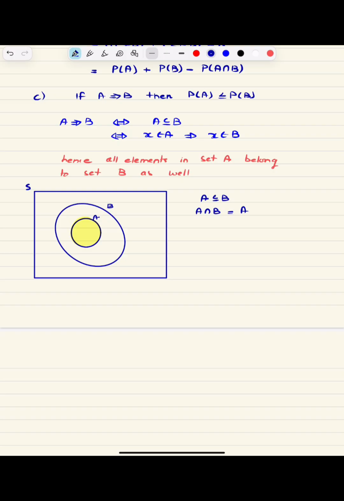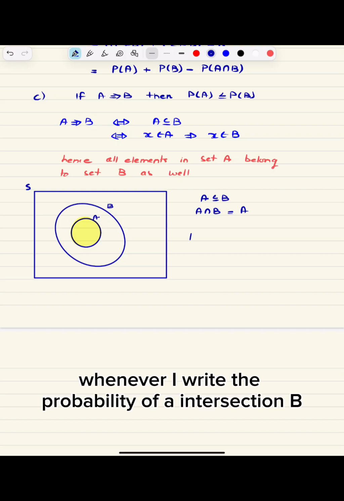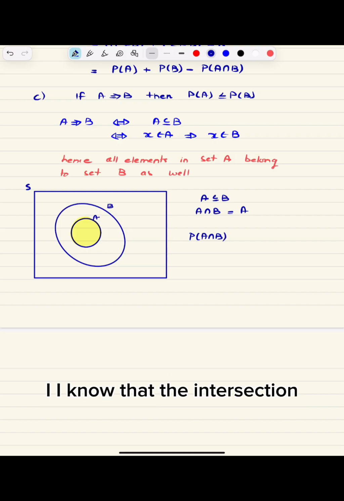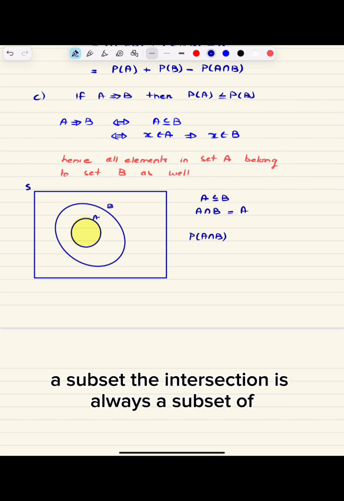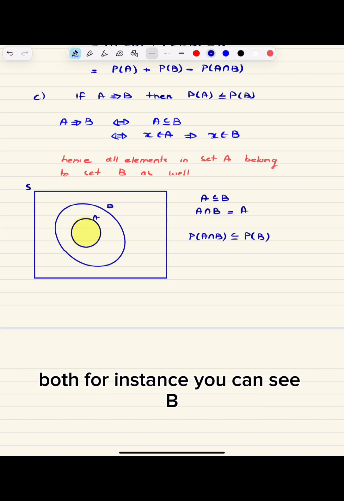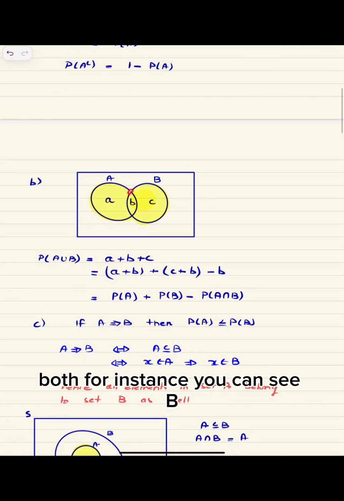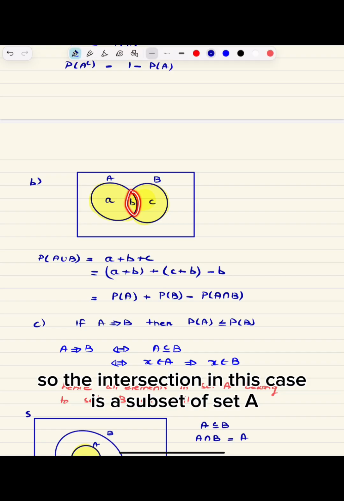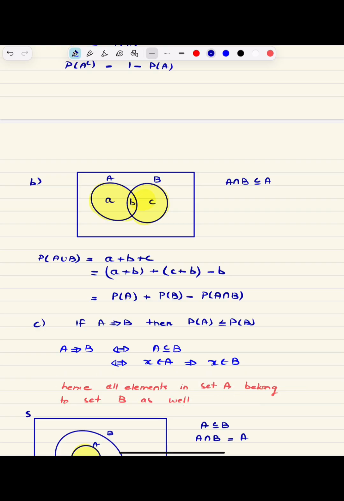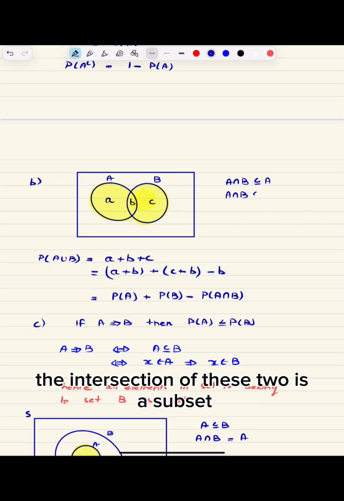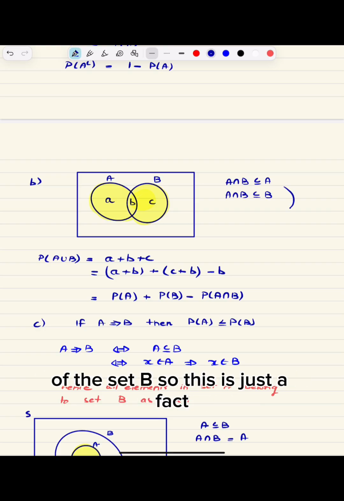So whenever I write the probability of A intersection B, I know that the intersection, even if you don't have a subset, is always a subset of both. For instance, the intersection in this case is a subset of set A, and the intersection of these two is a subset of the set B. So this is just a fact.